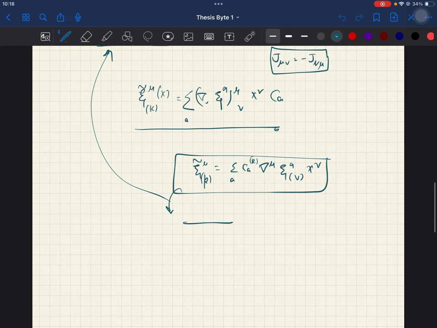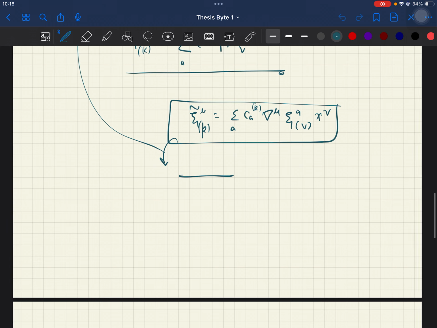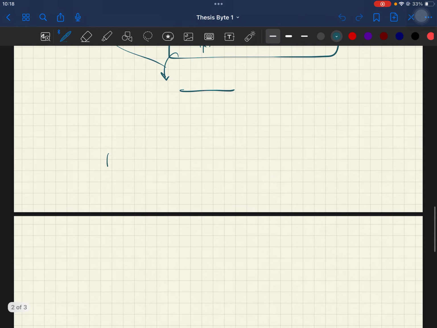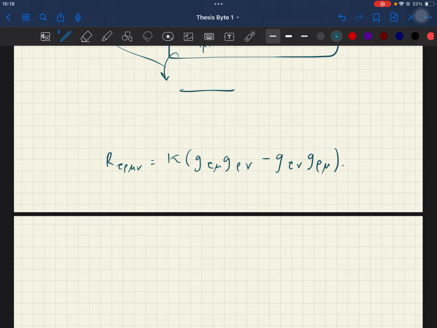So for the calculations of how you would evaluate the Riemann curvature tensor for a maximally symmetric space. In fact, that's how it all began. I wanted to derive the Riemann curvature tensor for a maximally symmetric space. It takes a really simple form of g_{τμ} g_{ρσ} and so on.